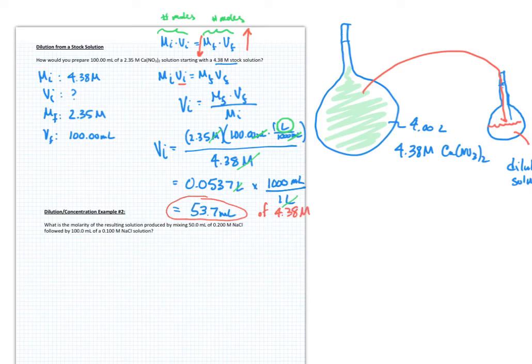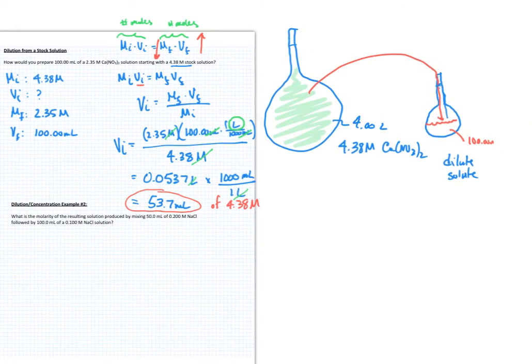So in my picture up here, I'm going to take out 53.7 milliliters of the stock solution. Probably with a graduated cylinder or maybe with a burette, I'm going to measure out 53.7 milliliters of this stock solution, and I'm going to put that into a 100 milliliter volumetric flask. Remember, volumetric flasks are calibrated.